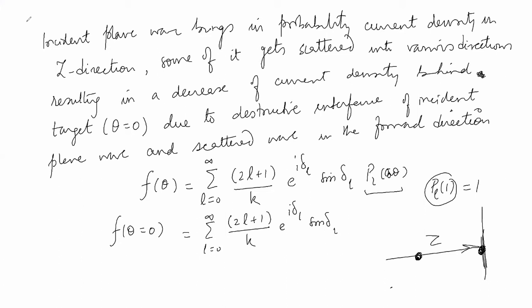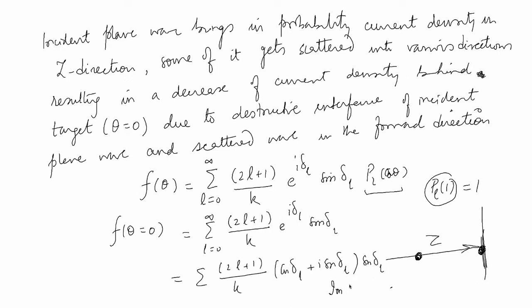Now, I can write e^(i delta_L) as cos delta_L plus i sin delta_L, times sin delta_L. That means I have an expression where we have cos delta_L sin delta_L plus i times sin square delta_L.